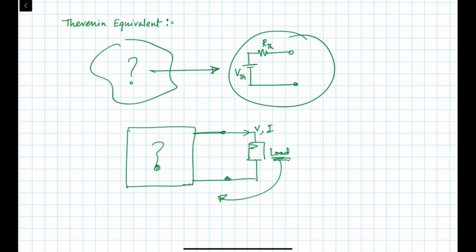So instead of doing this complex calculation, if we have a simple circuit like this V and R, like VTH and RTH, then we can easily find the voltage and current through the load, right? So that's why we need this Thevenin equivalent, to reduce the calculation process of a complex circuit.